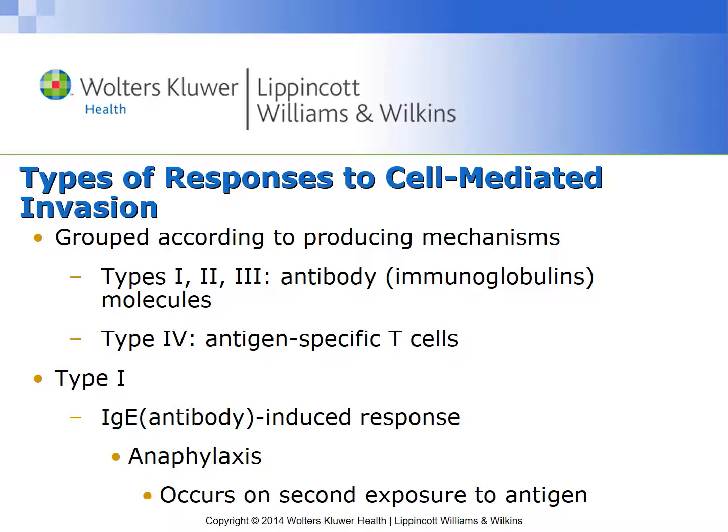Let's say that we're allergic to penicillin. So some type of exposure to penicillin had to have happened initially before we had that anaphylactic reaction. Now, penicillin is made from mold.